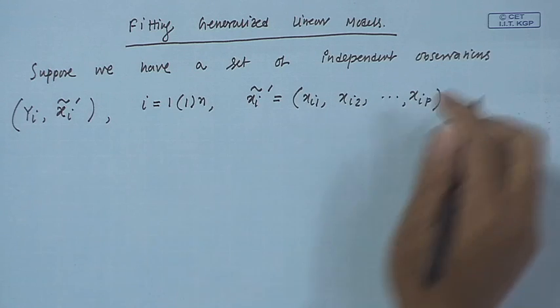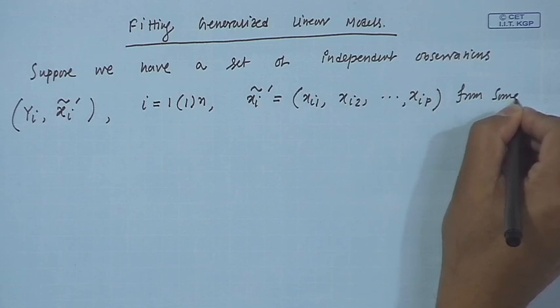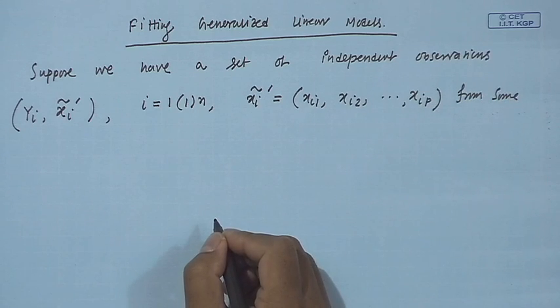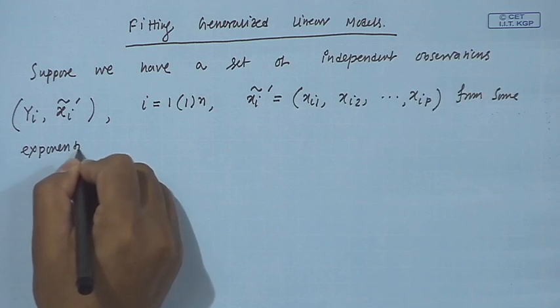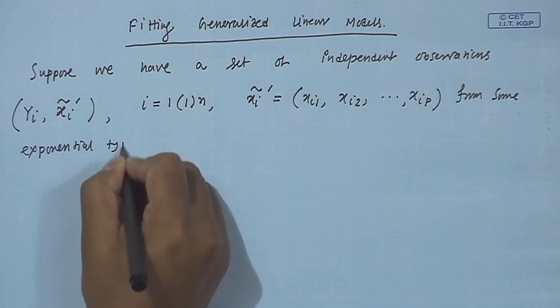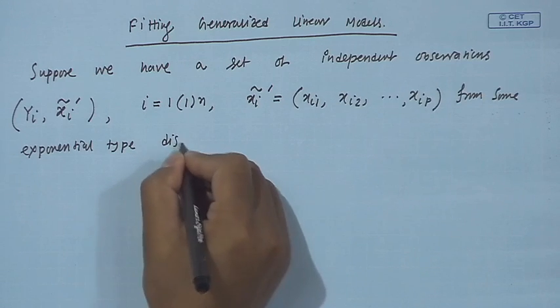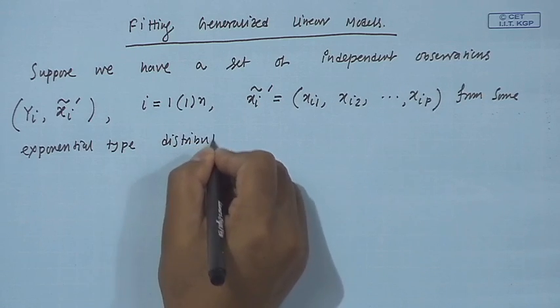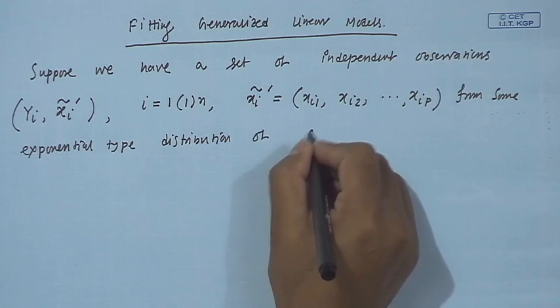So, this is from some exponential type distribution of canonical form.